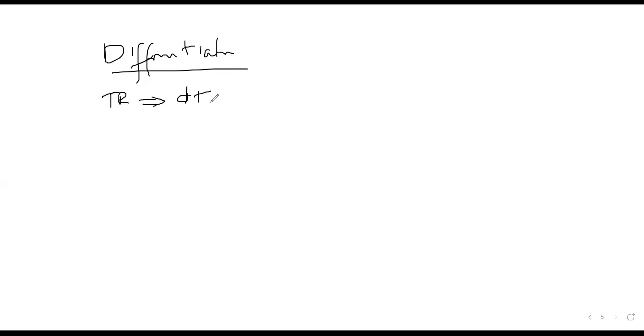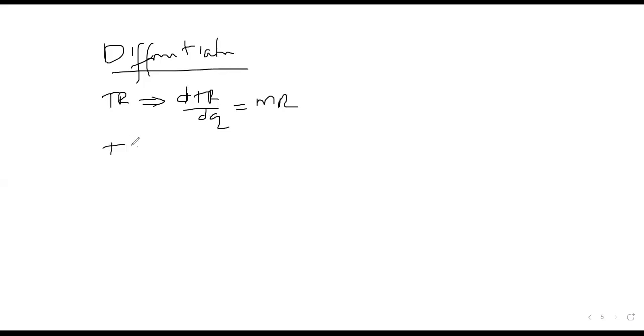Now, in differentiation, you must understand that it has the following applications. When you're differentiating TR over the Q, the TR becomes the marginal revenue.